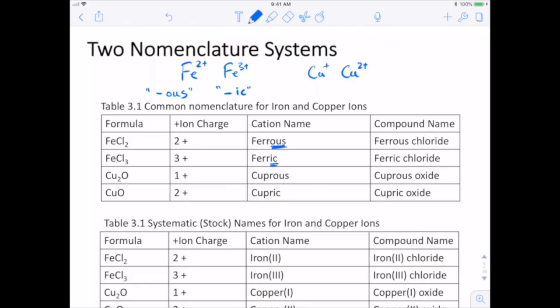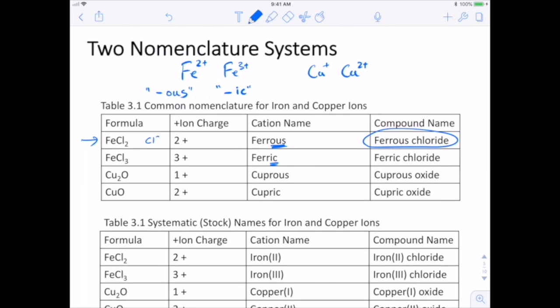So if it was a +2 for iron in the compound, then it would be called ferrous chloride, right? And here is the chemical formula for that: 2 chlorine atoms, because each chlorine is a -1, and each iron, in this case, because of the name ending in OUS, we know that the iron has a charge of +2 or 2+.